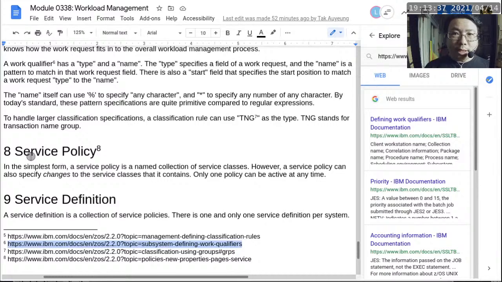So now we look at what is a policy. A surface policy is a named collection of surface classes. So it's really just a name. It's just a way to relate multiple surface classes together and say these things work together. A surface policy can also specify changes to the surface classes that it contains.